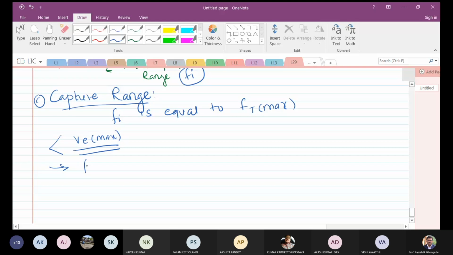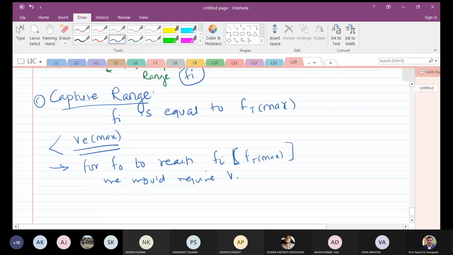Let me put it this way. For FO to reach Fi, which is here hypothetically Ft max, that is on the extremity of the tracking range, we require the maximum value of error voltage to be generated.